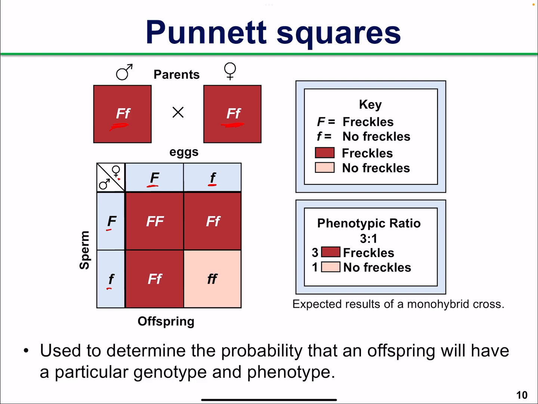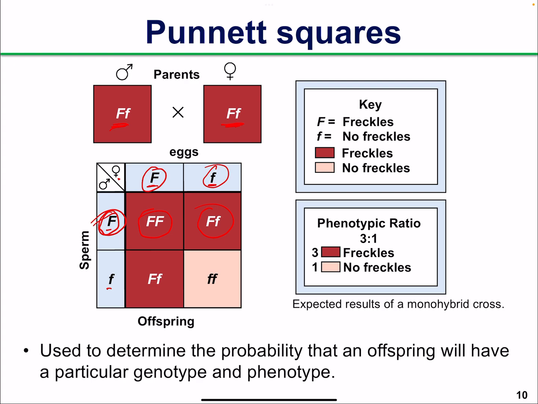So now, let's see what would happen if an egg cell gets fertilized. If this sperm cell fertilizes this egg cell, we're going to have an individual that is homozygous dominant. So that individual is going to have freckles. If this sperm cell fertilizes this egg cell, the individual is going to be heterozygous with freckles.